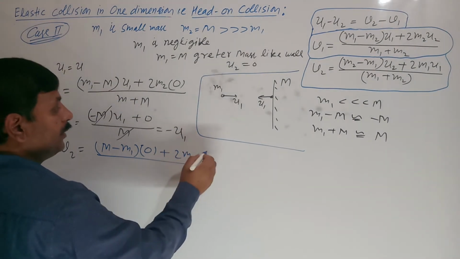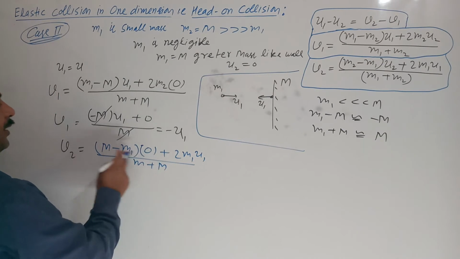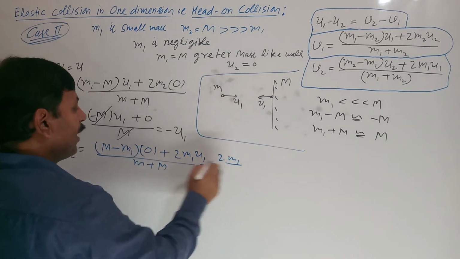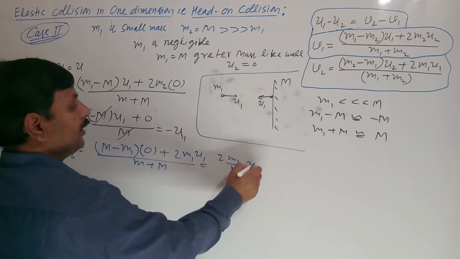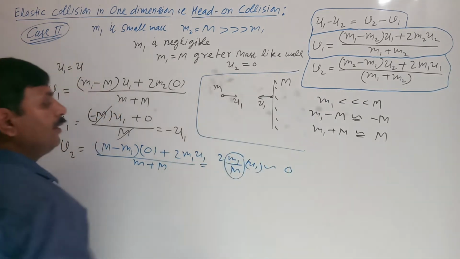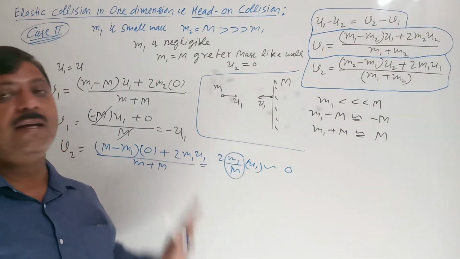Here 2M u1 upon M plus M, here this is 0. You can see 2m1 upon capital M is almost negligible and nearly 0, because M is very much greater than m1.